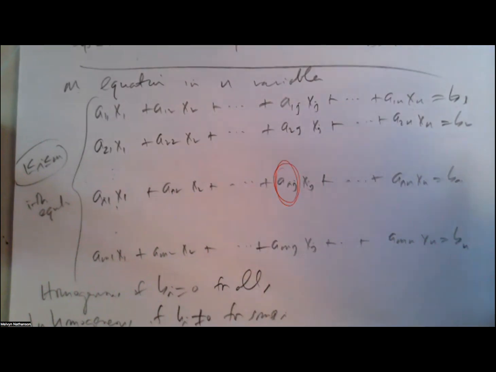So in a homogeneous system, all the right-hand sides are 0. In an inhomogeneous system, some of the right-hand sides may be 0, but at least one must be non-zero.